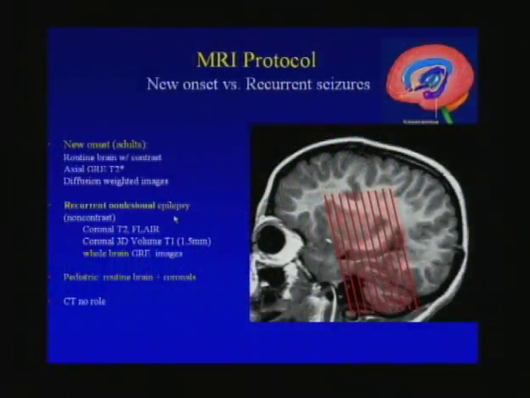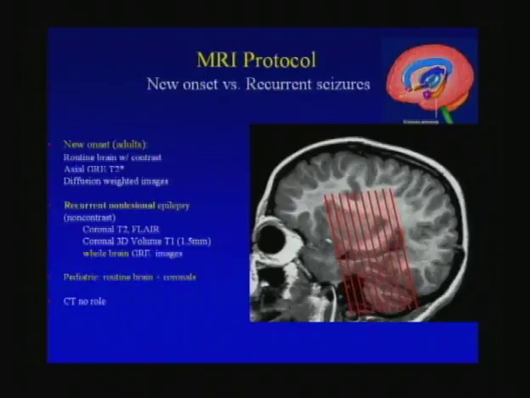In patients where we have already performed the initial study, we know that there's not a tumor, we will do these cases without contrast. We'll include high-resolution coronal T2 and FLAIR images. We orient the coronal slices in a perpendicular fashion to the long axis of the hippocampus.